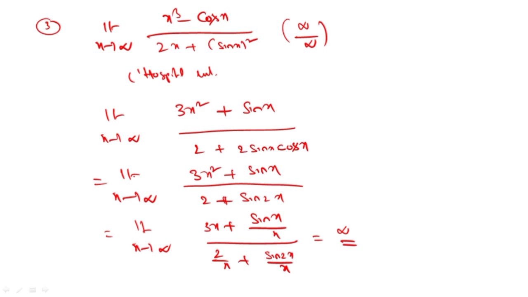Okay, so now we go for the 0 power 0 form, an example of the 0 power 0 form. So please concentrate here, this is very important. For example, limit x tends to a, (x minus a) whole power (x minus a).